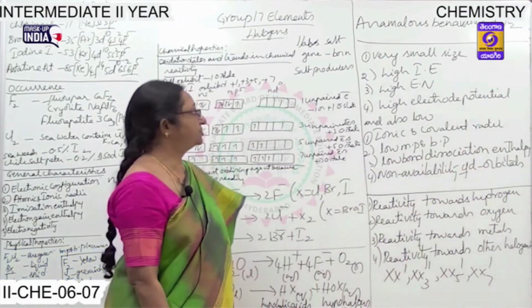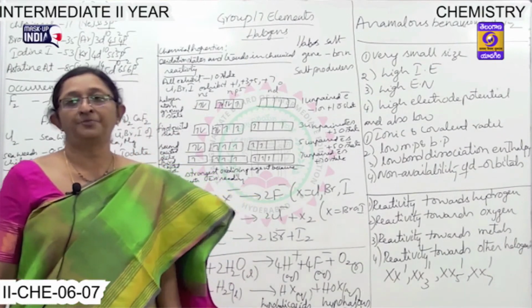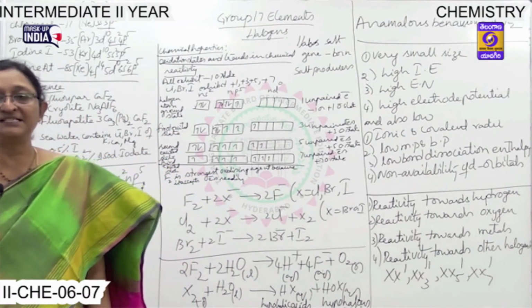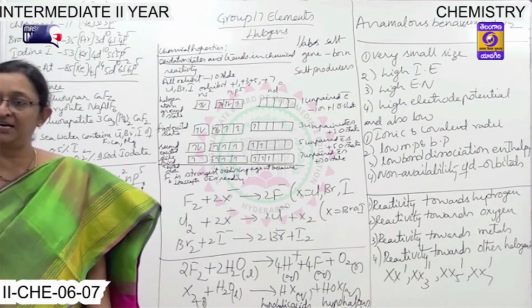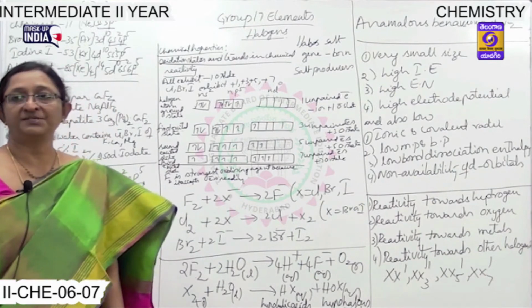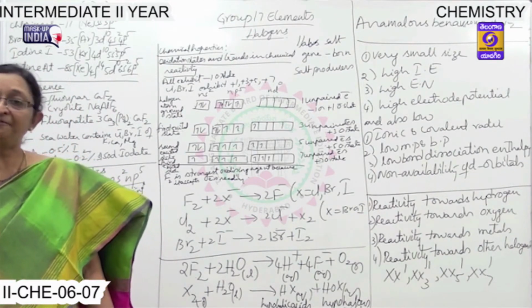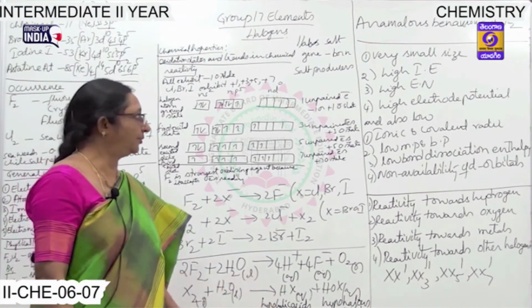So now let us move to the anomalous behavior of fluorine. In the other groups, you must have learned that the first element always shows different properties compared to the other elements present in the group. So here also, fluorine shows a different kind of behavior compared to other elements in the group.